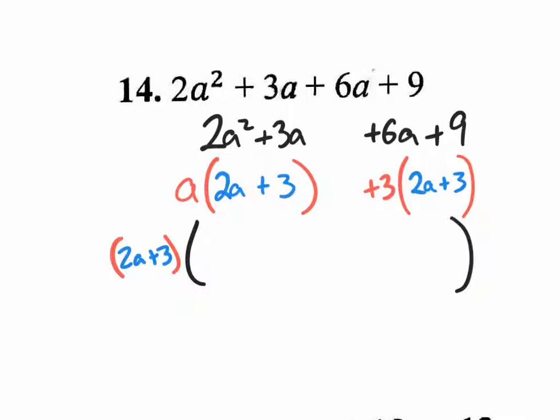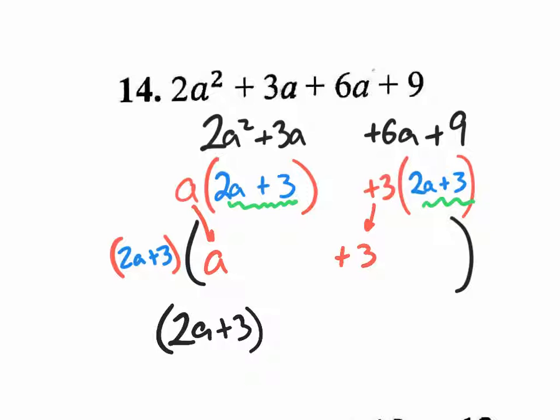What's going to be left over in our exaggerated parentheses? So yeah, a plus 3. If this is gone and that's gone, the only thing left is this a and this plus 3. But instead of leaving it like that with the exaggerated parentheses, we're going to write it with the appropriate size parentheses. 2a plus 3 times a plus 3. This is your final answer.